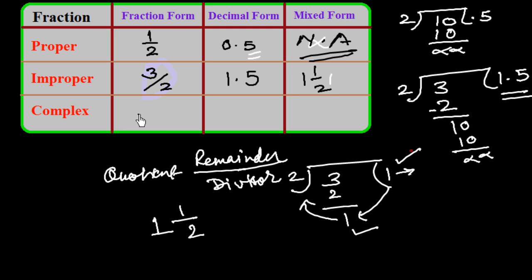Now what about the complex fraction? If you have a complex fraction like 3 by 4 over 1 by 2, we could simplify this. We could write this also in decimal form. 3 by 4 we could write as 0.75 and 1 by 2 as 0.5.